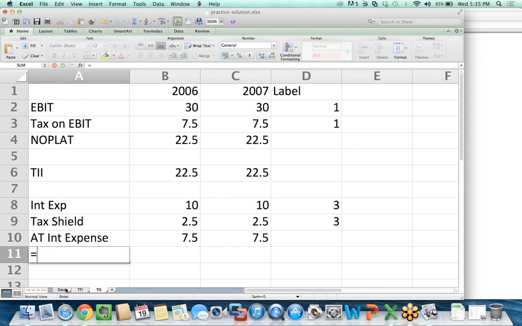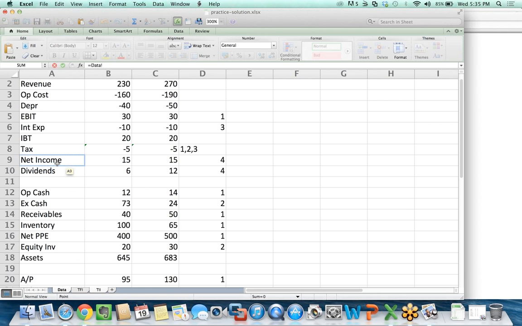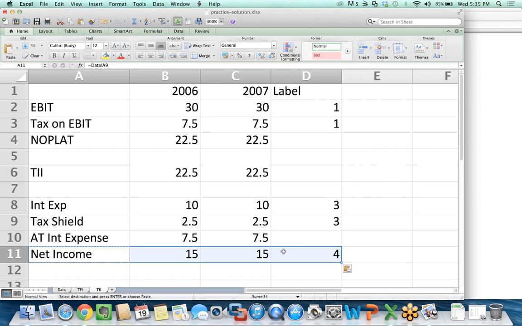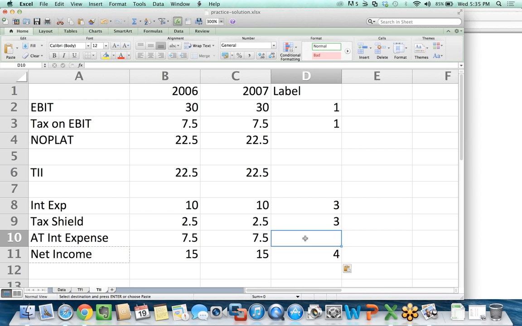And then I have my 4's, which is my net income, the bottom of the income statement. Income statement ends with income. That's why dividends are not on this statement, by the way. Dividends are from the cash flow statement. They just happen to be put below net income because you need that data to do the CFI, but nonetheless, the income statement ends with income. That's why TII ends with net income.